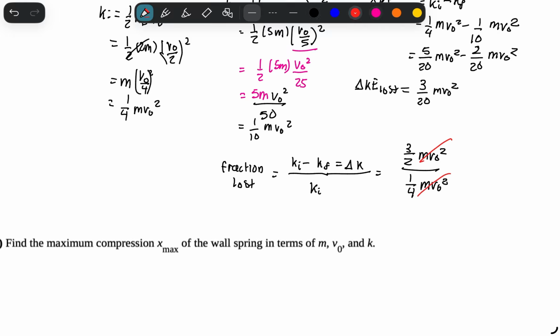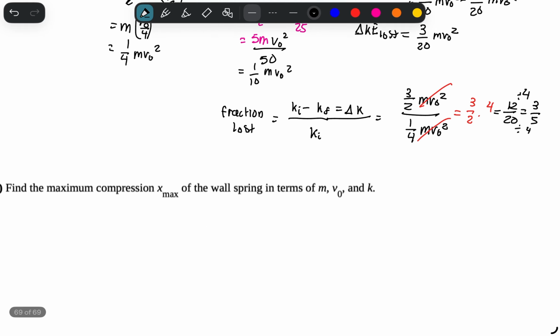Everything cancels out, that is the same. So you just have 3/20 times 4, because we take the reciprocal. And this is the same thing as 12/20. And you can divide both by a common factor. We can get 3/5 by dividing both by 4. So the fraction of energy lost is 3/5, aka 60% of energy lost.